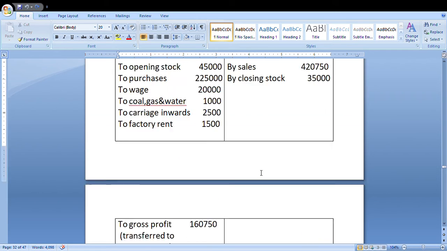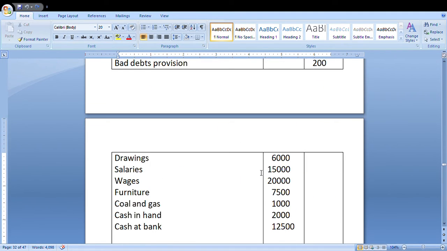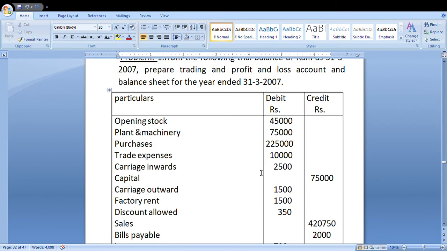Next problem. First you read. Opening stock. This is already entered in the trading account. This does not enter the profit and loss account. Plant and machinery. This is not expenditure. It is an asset. This enters the balance sheet, asset side.